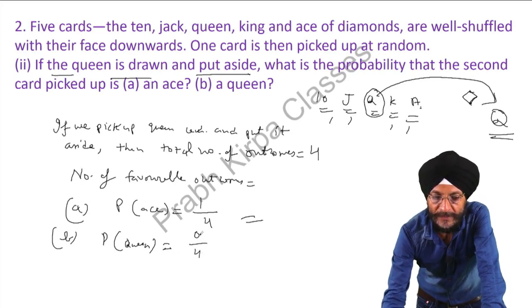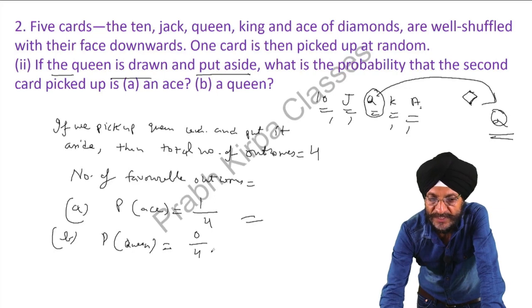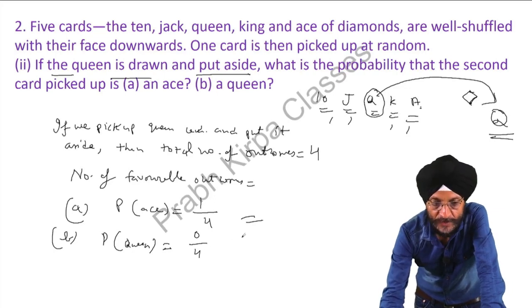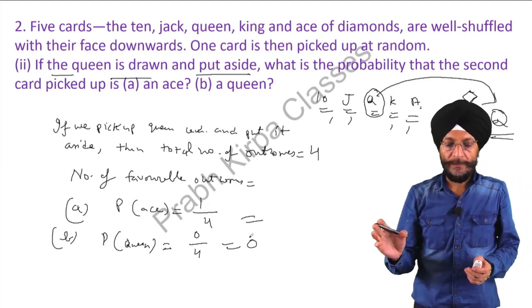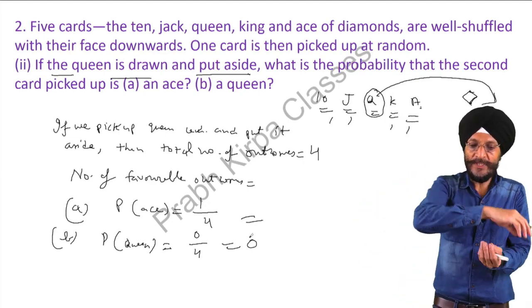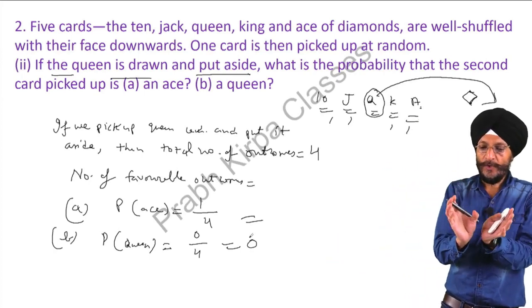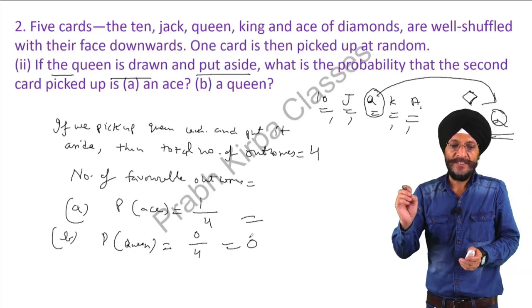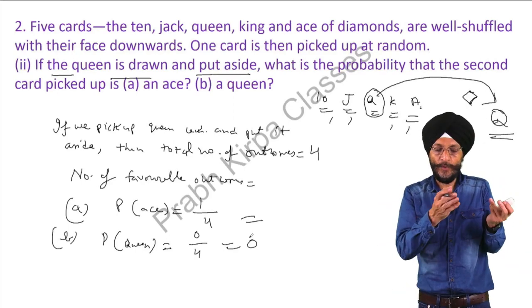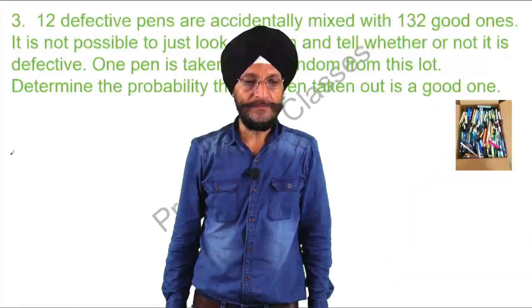So the probability here we will write 0, divided by the total number of outcomes, which is 4. So the probability of getting the Queen card is 0, because we have already put aside the Queen card and the balance cards do not have any Queen card in them. When the Queen card is not present in the cards, we cannot get the Queen card.